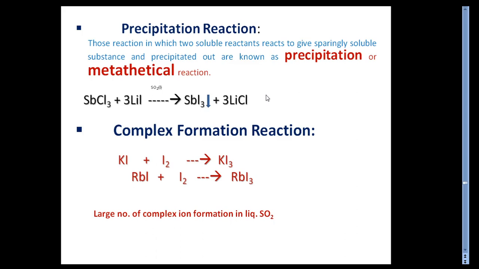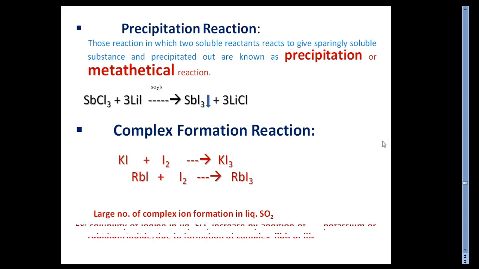This is due to the formation of complexes like RbI3 or KI3. In these reactions, KI reacts with iodine and KI3 forms, and RbI reacts with iodine and RbI3 is the product, which we see here.